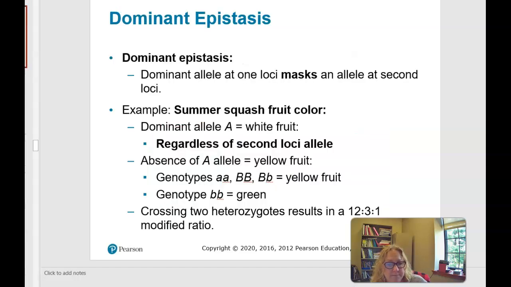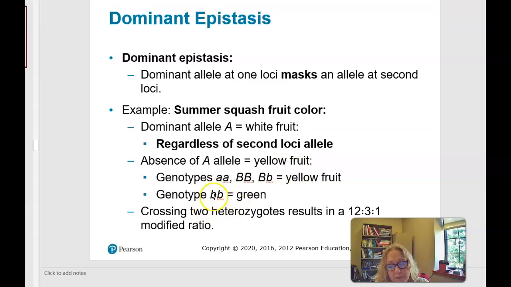Dominant epistasis. A dominant allele masks an allele at the second locus. So summer squash fruit color. The dominant allele is white fruit. So if you have this dominant white fruit, it doesn't matter what your second allele is. You're getting a white fruit. So any absence of this A allele, anytime you don't have an A allele, such as little a, big B, then you have a yellow fruit.